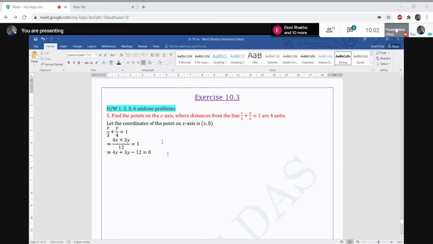So what we have to do now, we have to find the distance of this point to this line. Mark this one.